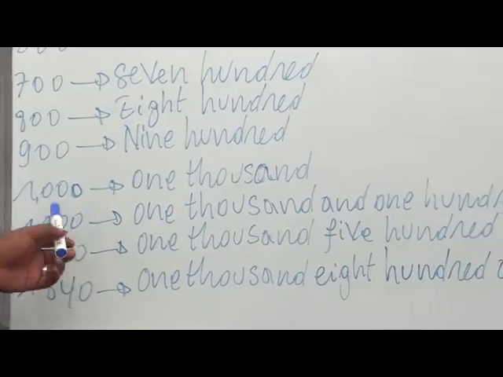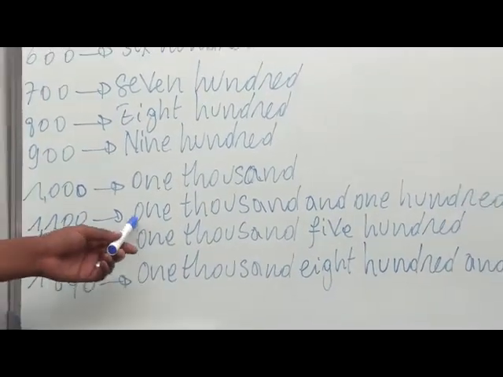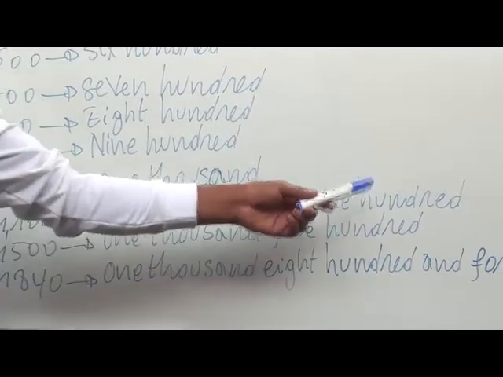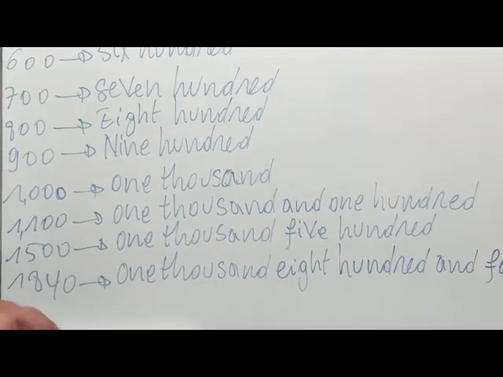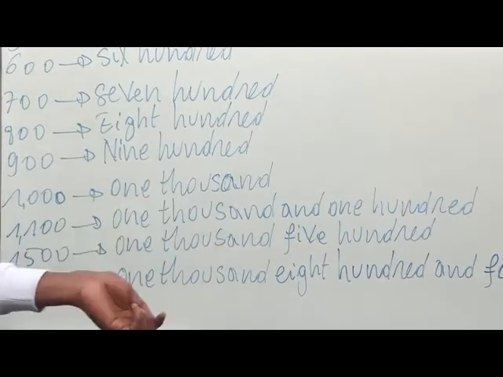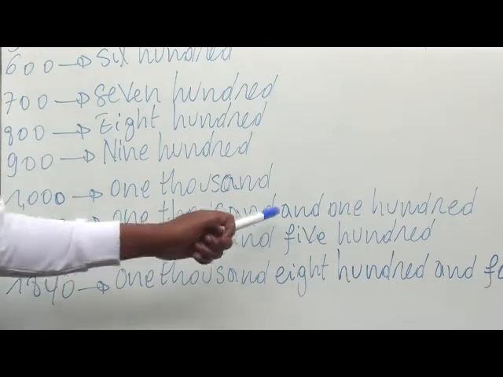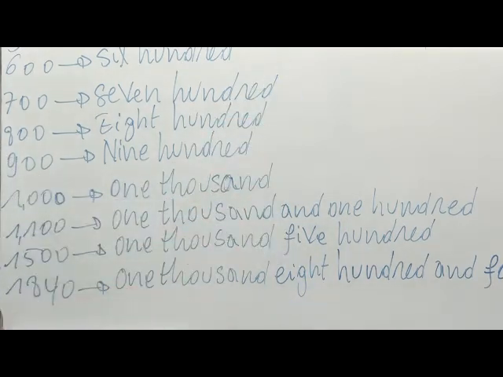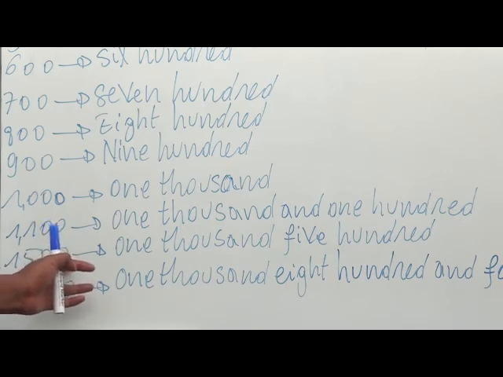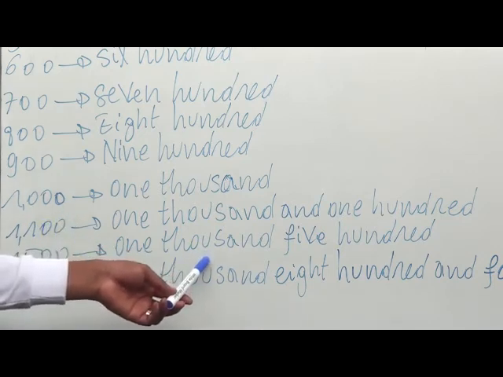Here we have 1,100. Some people will say "one thousand one hundred" or "eleven hundred", both are correct. Here we have got 1,500, so we will say 1,500.